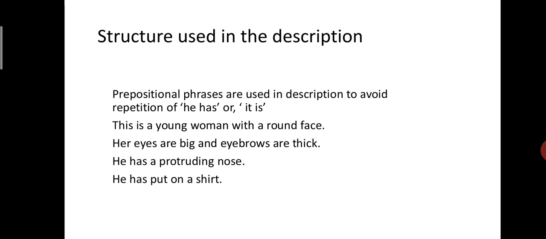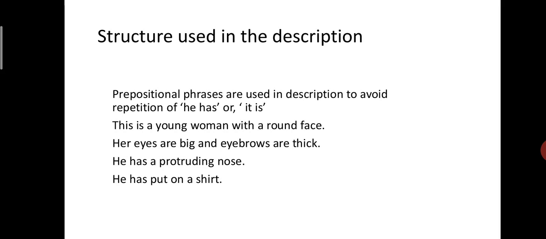See what kind of structure you are going to use in the description. This is the very important part. Prepositional phrases are used in description to avoid repetition of he has or it is. So, this is a very young woman with a round face. See, there is no repetition of a young woman. Her eyes are big and eyebrows are thick. Here again there is no repetition of young woman's eyes are big and eyebrows are thick.